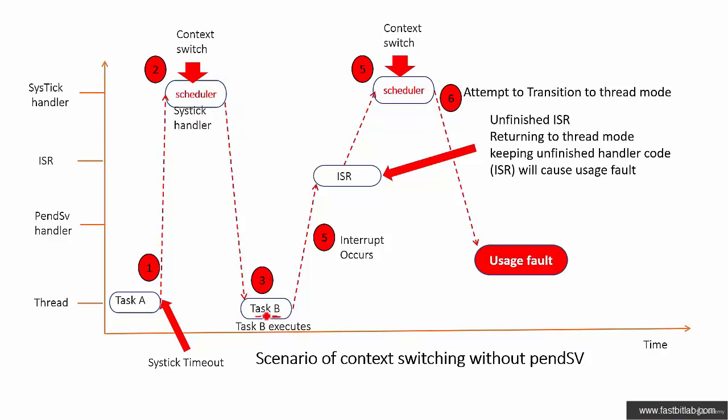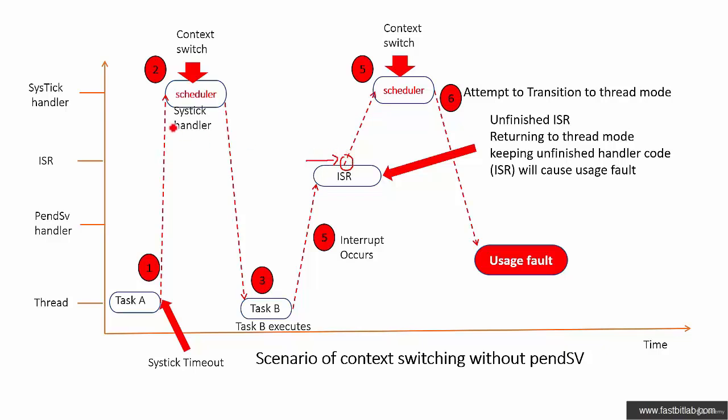Task B is running and an interrupt triggers. Some interrupt, as I said, it could be a button interrupt or a UART interrupt or whatever it is. And the ISR runs. The ISR is unfinished, or it has just executed half.